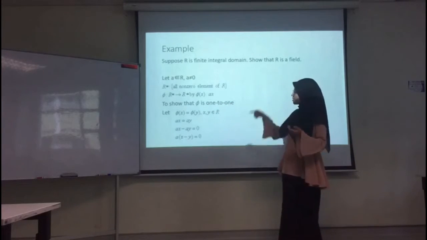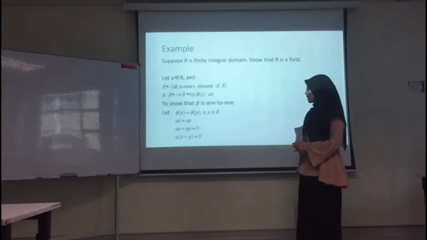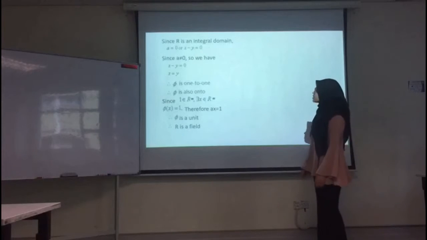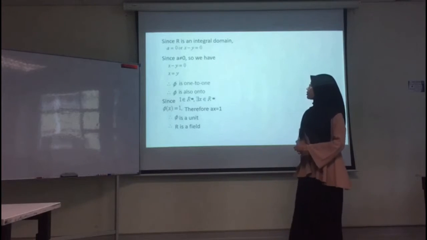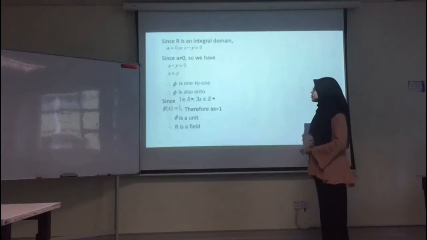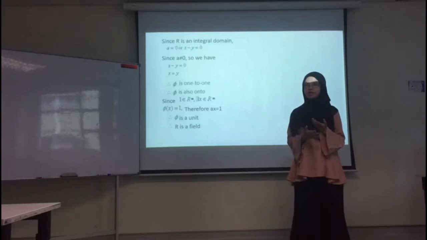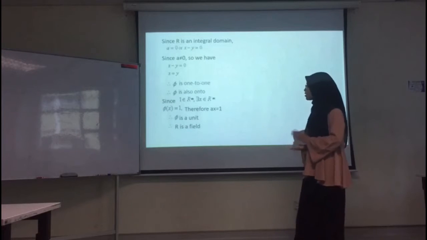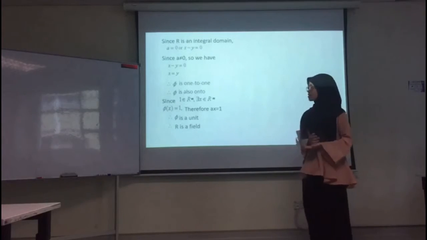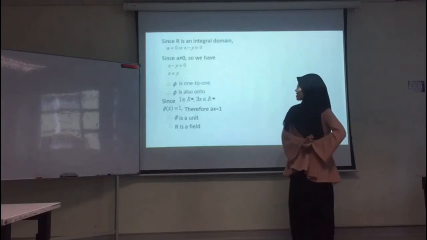Then AX minus AY equal to 0, A times (x minus y) equal to 0. Since R is an integral domain, we have A equal to 0 or x minus y equal to 0. But we already know that A is not equal to 0, so we have x minus y equal to 0, which is x is equal to y.